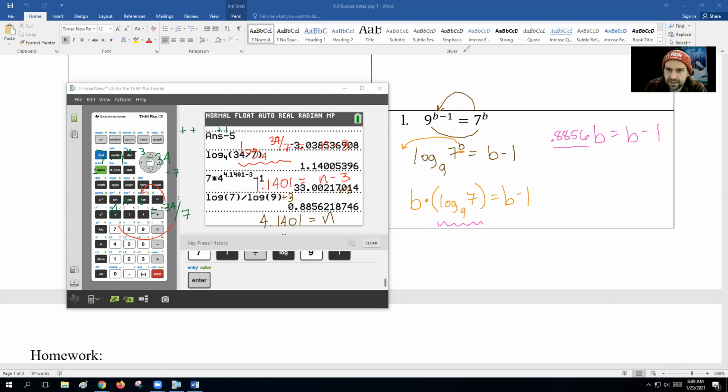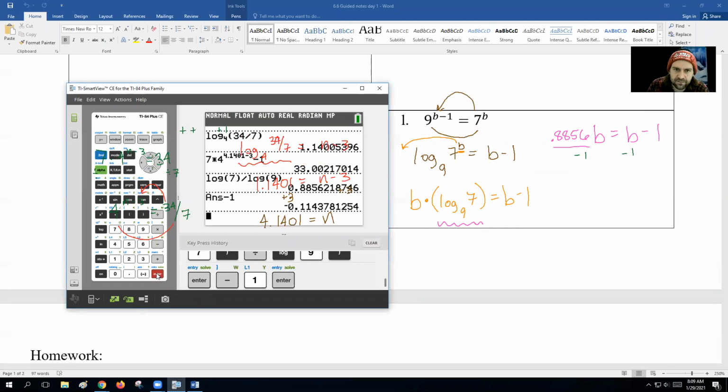So what we can do now is we can look at this and say, okay, we could minus 1b over from the other side, and if we subtract 1 from 0.8856, we would have, let's see, that'd be negative 0.1144b equals negative 1. So if we want to solve for b now, all we have to do is divide it by negative 0.1144.